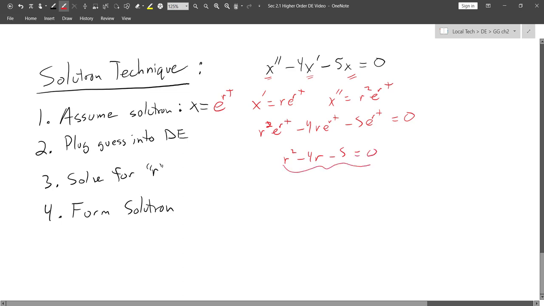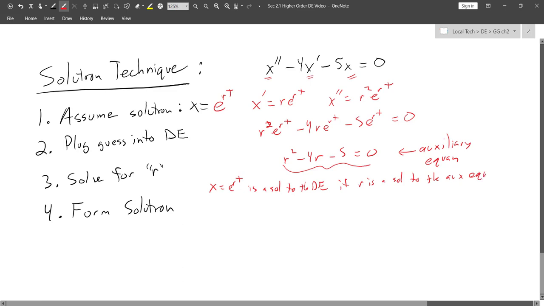Now this equation, this polynomial equation, we're going to call our auxiliary equation. And what's special here is that x equals e to the rt, our guess here, is a solution to the differential equation if r is a solution to the auxiliary equation.